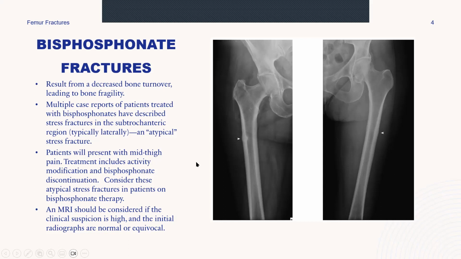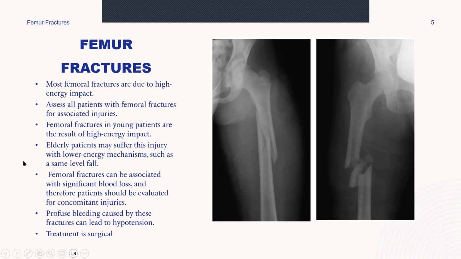You just have to stop the bisphosphonates, alter the activities, and always consider this if the patient is on bisphosphonate therapy. In some centers they do take it further and do MRIs to look for the extent of the fractures. But there's not really much you can do in terms of theater. It's mainly stopping the medication and trying to get the patient to change their activities.